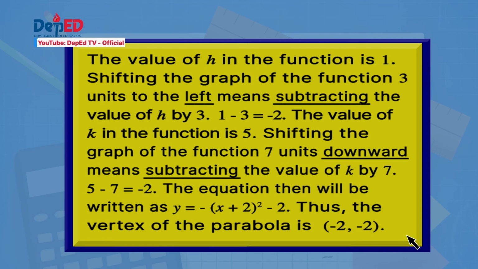Shifting the graph 7 units downward means subtracting 7 from the value of k. 5 minus 7 equals negative 2. The equation then will be written as y equals the negative of the square of the binomial x plus 2 minus 2. Thus, the vertex of the parabola is the ordered pair with coordinates (-2, -2).